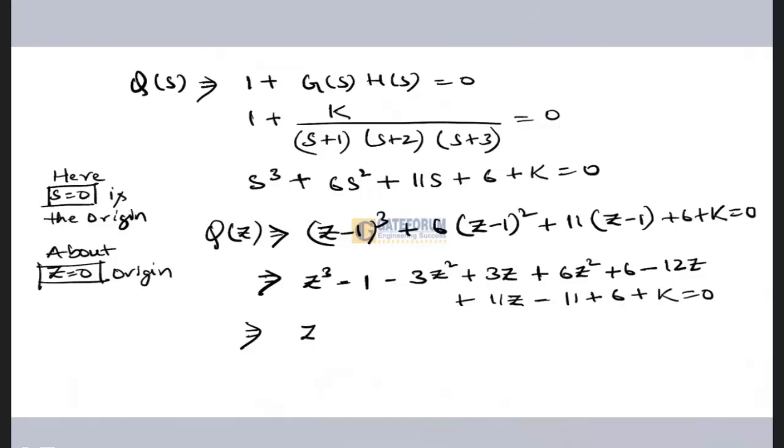So this is z cube. Then 3z square minus 3z square plus 6z square is plus 3z square. Then 3z minus 12z is minus 9z. Minus 9z plus 11z is plus 2z.